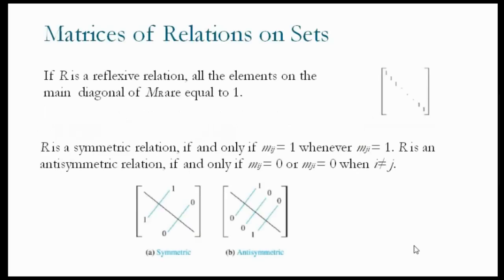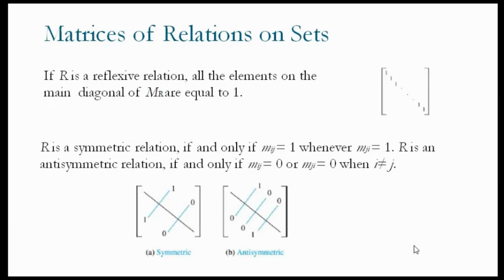So here, for the matrices of a relation on sets, if R is a reflexive relation, then obviously, I told you the basic principle, that is, the diagonal elements will be the same. That is, the main diagonal of MR, the matrix of R, are equal to 1. R is a symmetric relation if and only if Mij is equal to 1 whenever Mji is equal to 1.